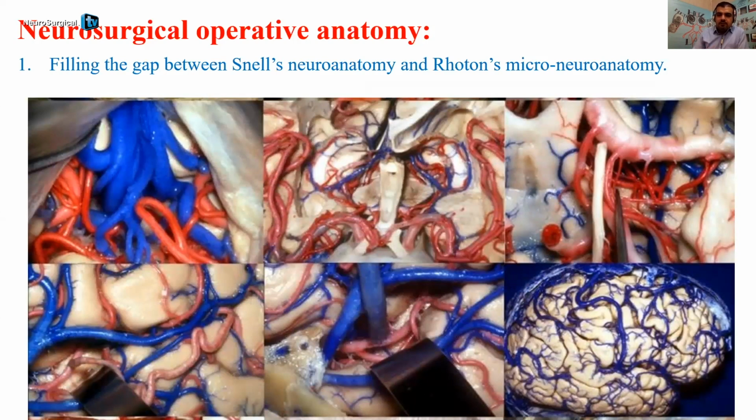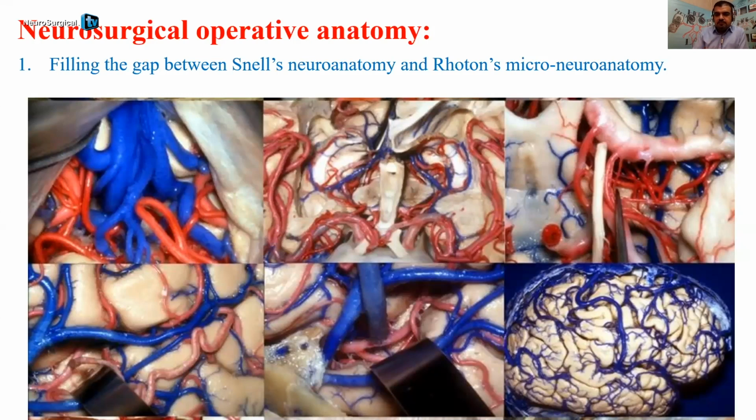It's a new era of anatomy done by Rhoton, but still, the point is you as a neurosurgery resident or as a medical student interested in neurosurgery, or even as a neurosurgeon, you cannot neglect Snell's neuroanatomy, the basics, and jump directly to the Rhoton type of books.